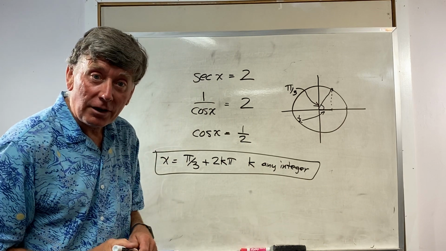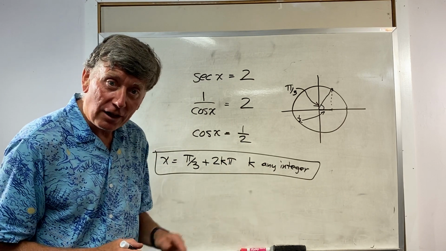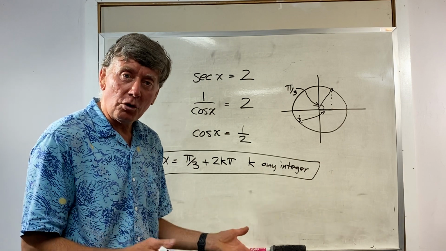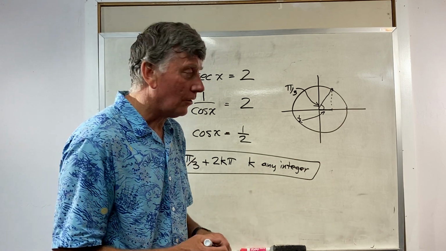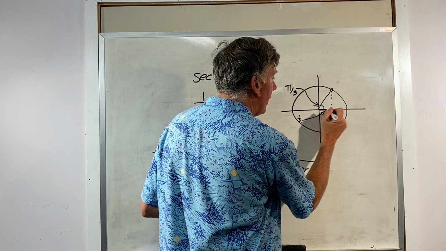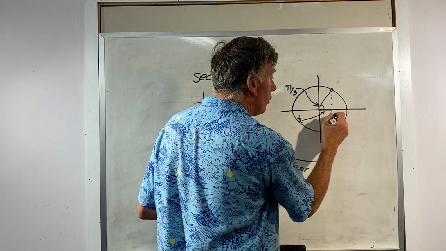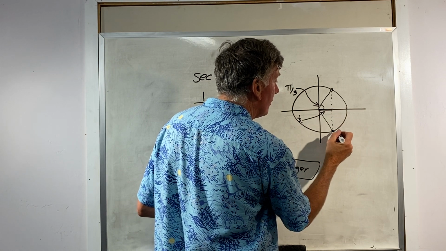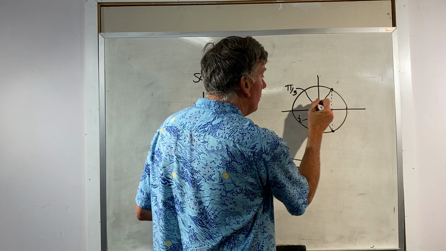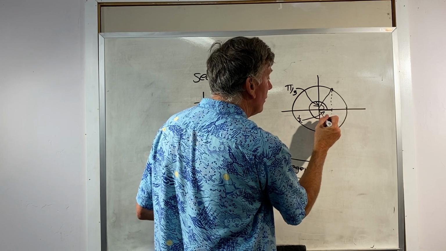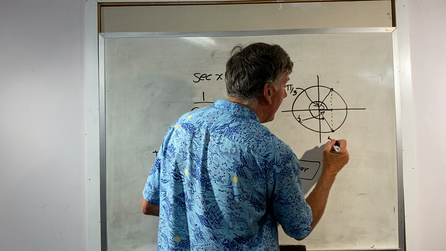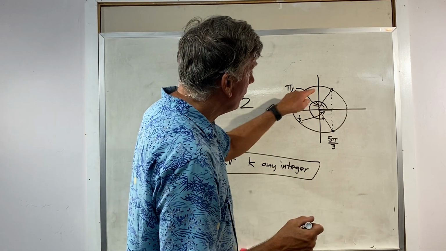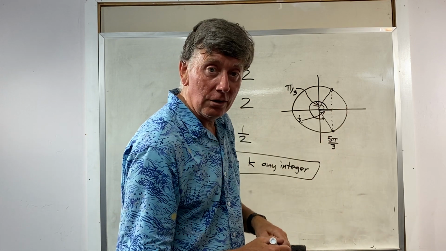But I have another angle that's also an answer, that your calculator is probably not programmed well enough to get. Back to my cosine being 1/2, I can go down as well to this point T. This angle is 5 pi over 3.